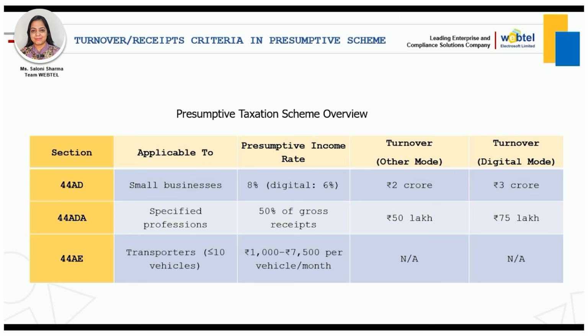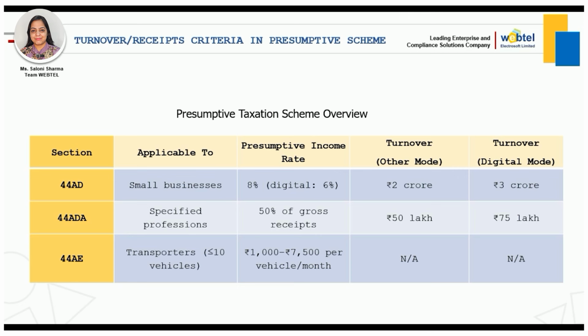Whereas if you are receiving the gross receipt in digital mode, then you need to show 6% as presumptive income. The turnover criteria in case of cash or other modes is 2 crore, whereas if you have the turnover or gross receipt in digital mode, then the turnover criteria will be 3 crores.